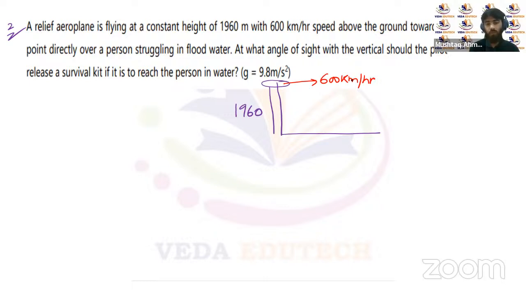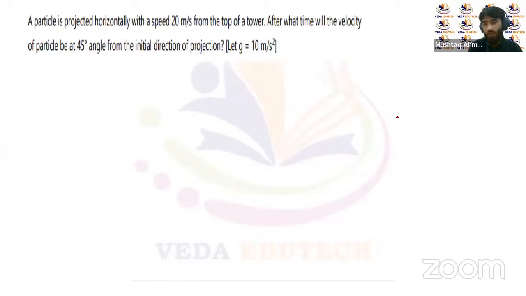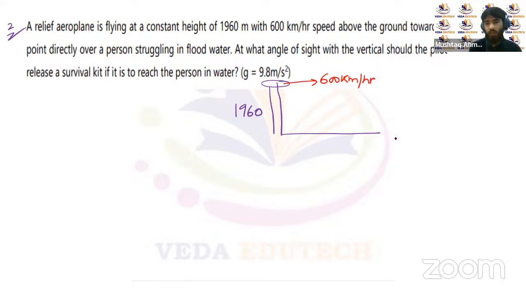Struggling in flood water. At what angle of sight with the vertical should the pilot release a survival kit if it is to reach the person in water? Somewhere here there's a person in the water, and we have to drop a survival kit or relief kit for this person.